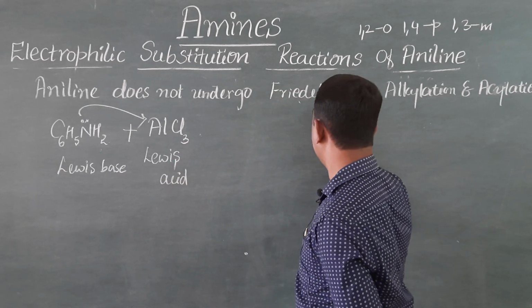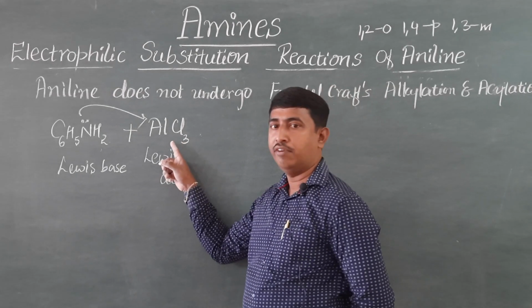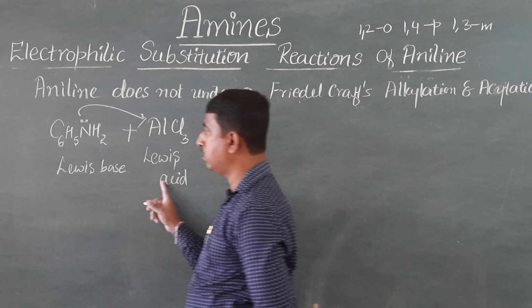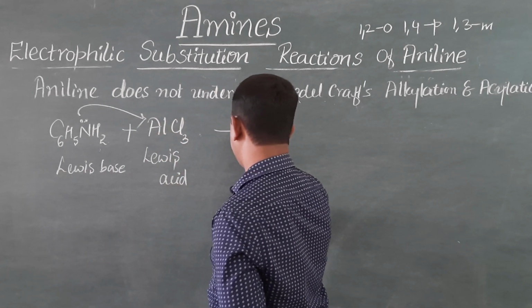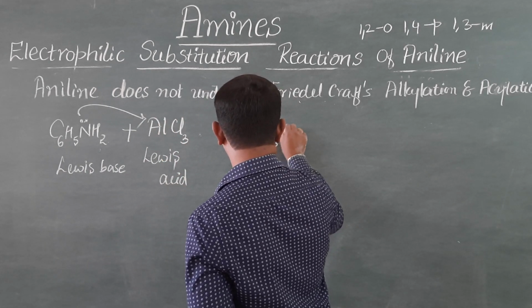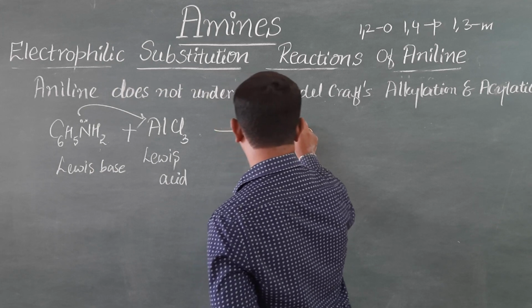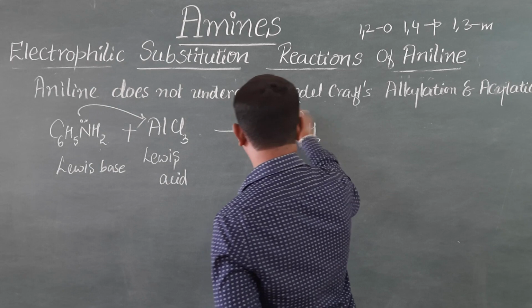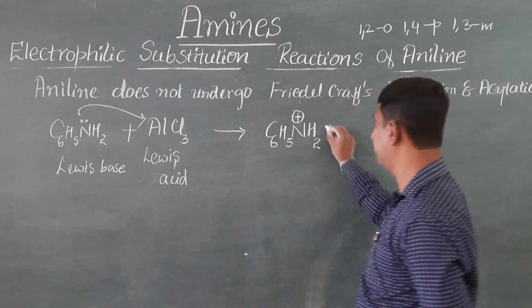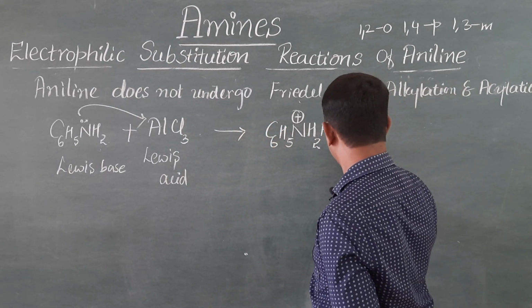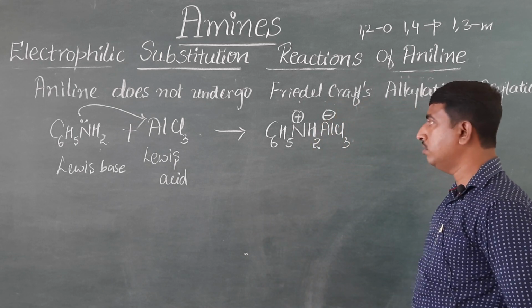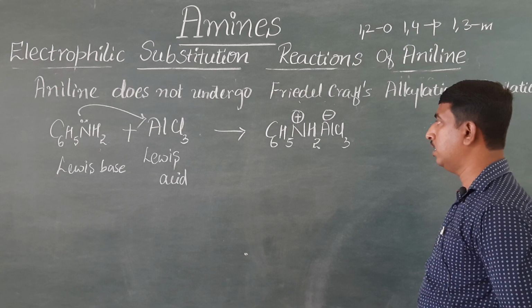So during Friedel-Crafts reaction, we will add what? Aluminium chloride, which is the Lewis acid. This Lewis acid readily reacts with the Lewis base, thereby a salt will be formed. Acid base reaction always forms a salt, that is NH2 plus due to the loss of lone pair, AlCl3 minus. NH2 plus AlCl3 minus.